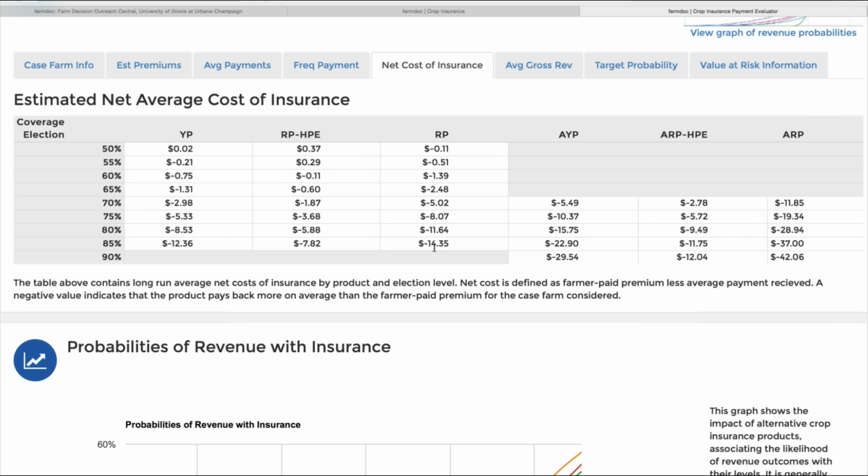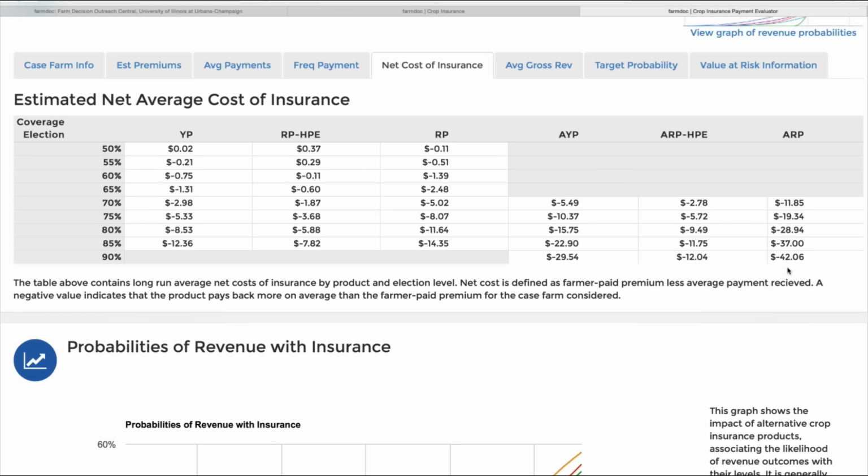All right, so when we look at this, you'll notice here that the most negative is ARP, and they average -$42 per acre compared to -$14.35 for RP at an 85% coverage level. And RP with the harvest price exclusion is -$7. So this product is a function of it having a higher expected payment when it does happen.